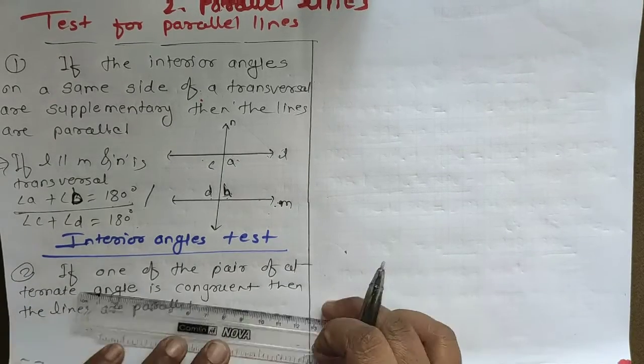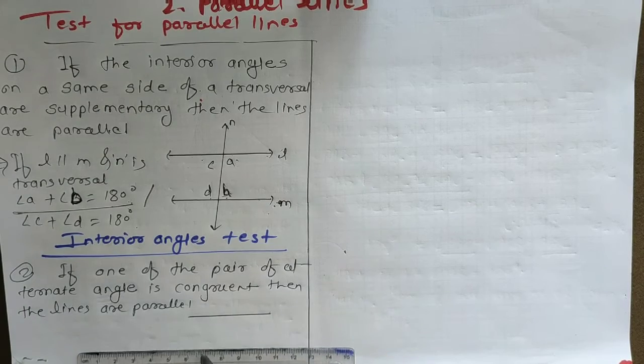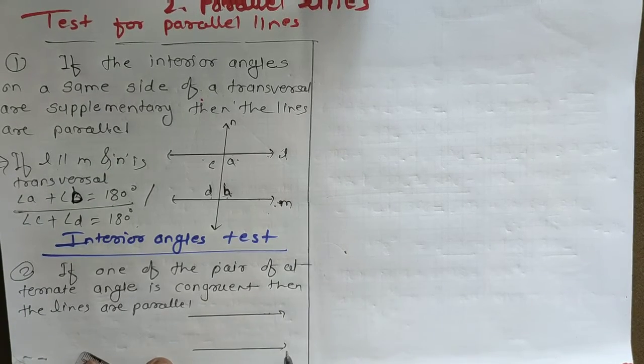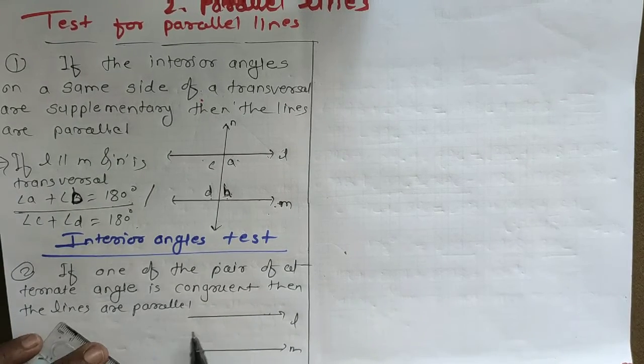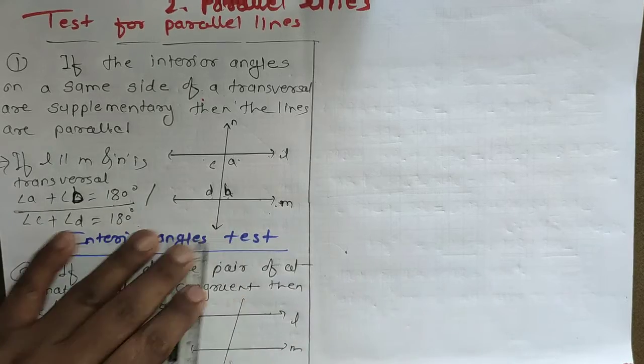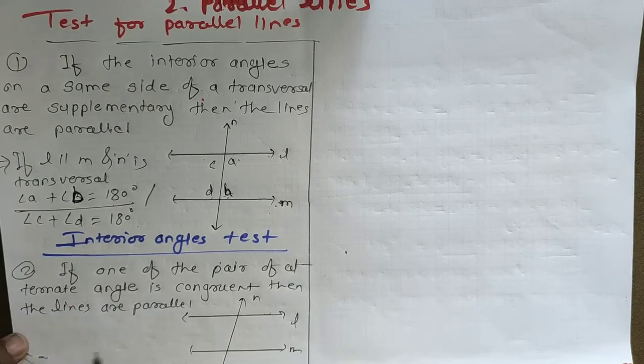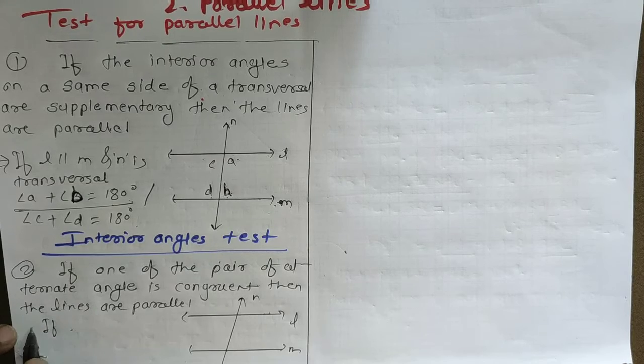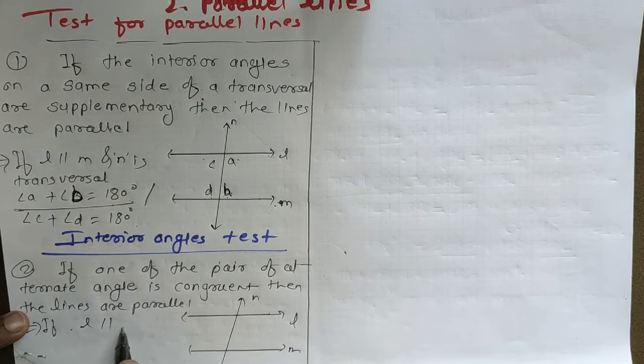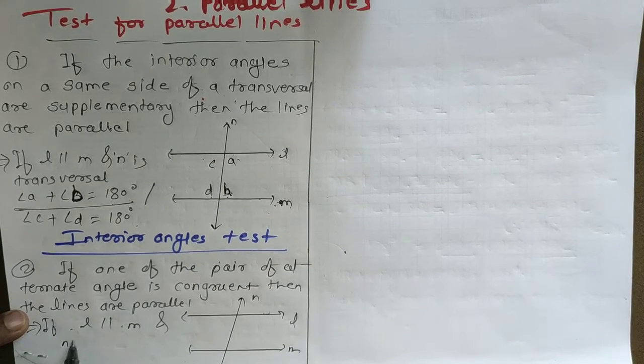For that, again we will draw two lines. Suppose these are lines L and M, same lines I am going to take here, and N is its transversal.